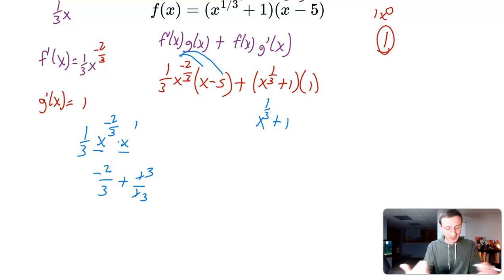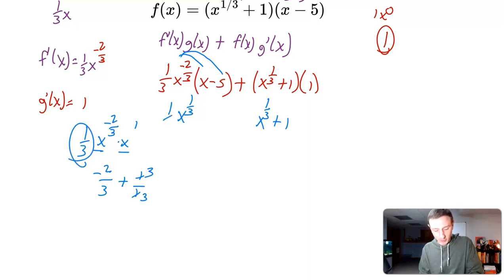Now we're adding 1, and we get back to x to the 1/3. Don't forget about the coefficient of 1/3, because 1/3 times 1 is 1/3.